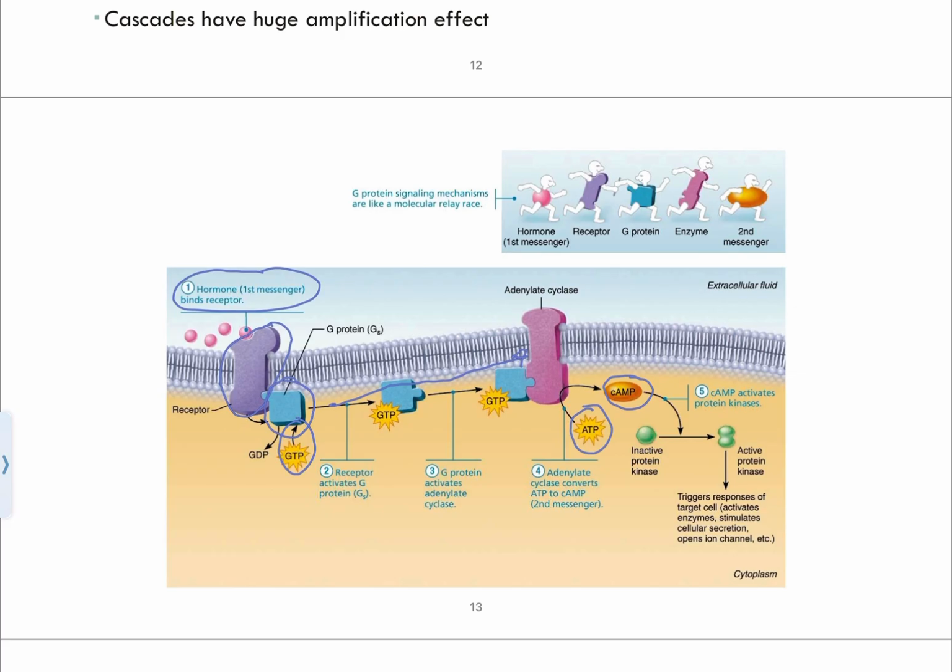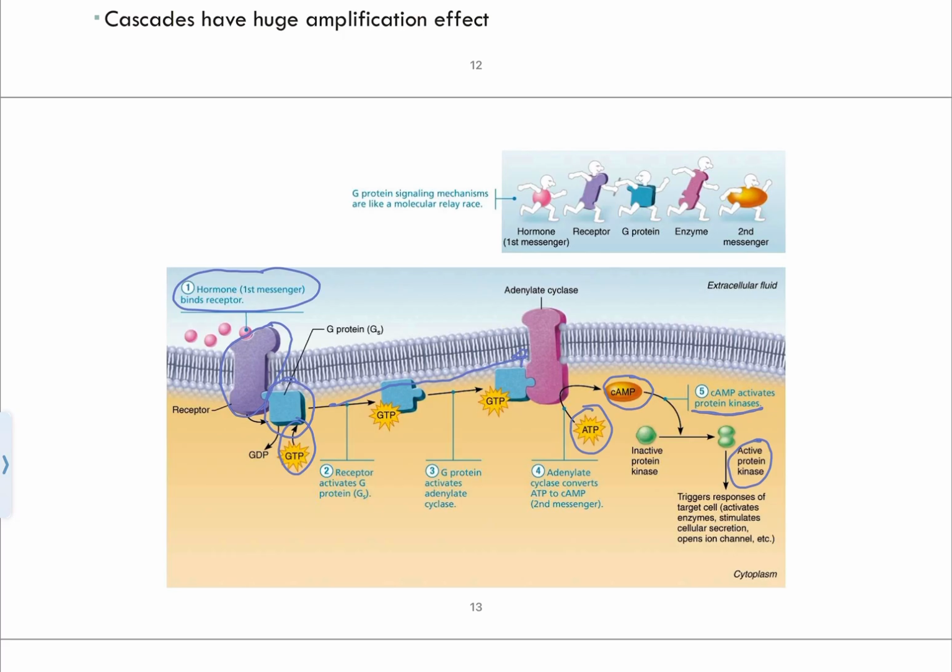Once we have our cyclic AMP, that can go on to activate some sort of protein kinases. Which cell we're in is going to determine which specific kinase it is. But regardless, once we have a kinase that's actually functional, that means it's going to go on and phosphorylate something. But remember, just because we have an active protein kinase doesn't mean we're necessarily activating something.